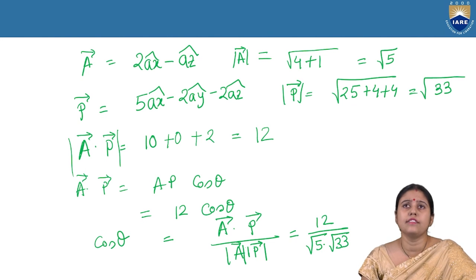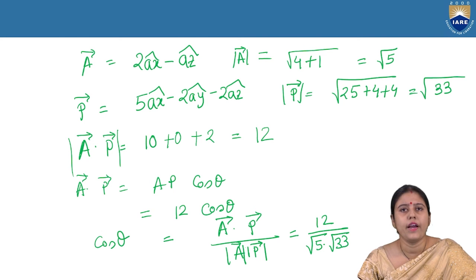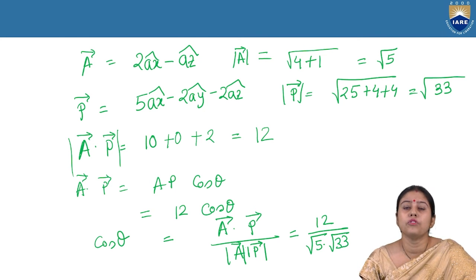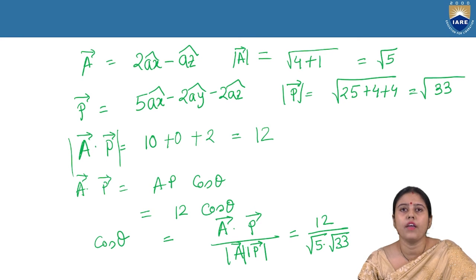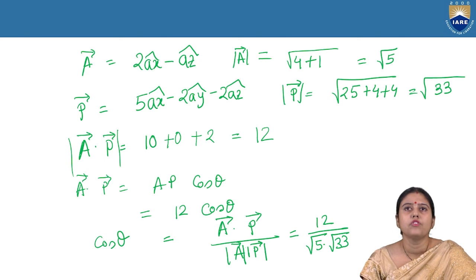The dot product is a scalar product and there is no direction. So A dot P, x terms will be multiplied with x terms, y terms with y terms, z terms with z terms. So we will get 10 plus 0 plus 2. So this will be 12.